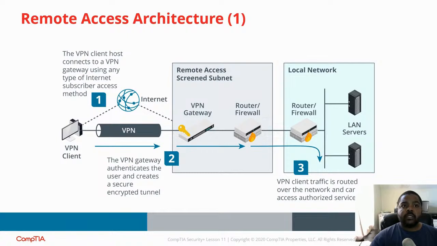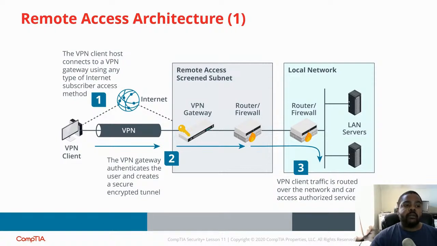So let's go over some remote access settings, some ways we can use VPN to connect securely from our devices back to our secured network that's behind our firewall. In this case, what you're seeing here on the slide is that the client is at a remote site, could be their home, coffee shop, or where have you, and they're probably checking into a VPN client that's sitting on their desktop or whatever devices they have.